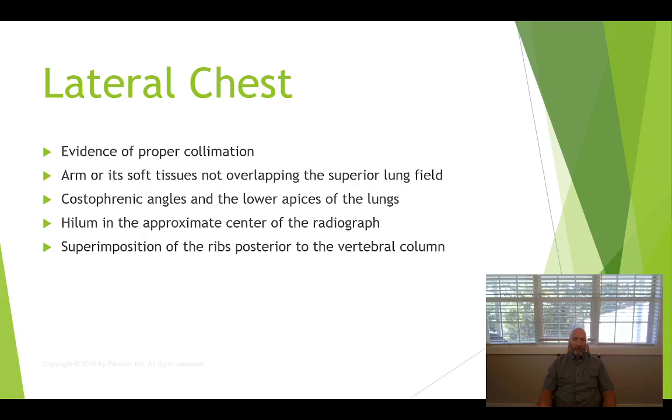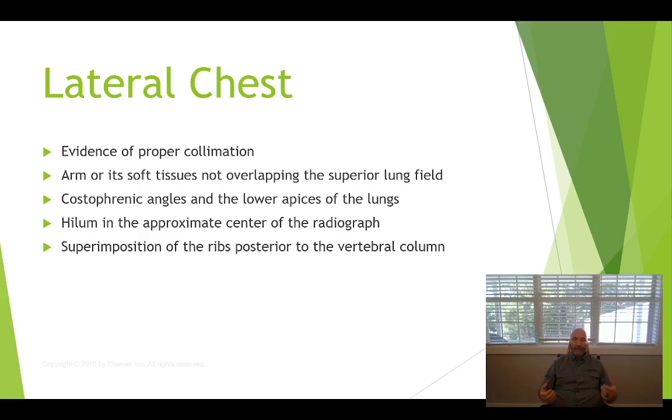So on your image, you want to look for evidence of proper collimation. Some of your patients, you're not going to be able to collimate because their lungs are going to be huge. You don't want the arm or the soft tissue to be overlapping the superior portion of the lung. You want to make sure that you include that posterior costophrenic angle. You want your hilum around the middle of the x-ray, and the hilum is not unique to the lungs. A hilum is kind of an area of confluence, an area where stuff comes together.